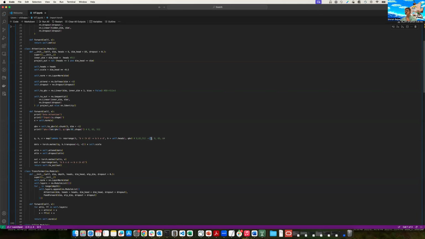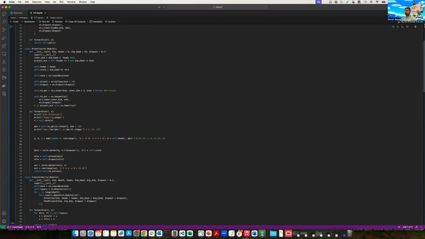So for each image we have 8 attention heads, and each attention head has a 64 dimension representation for each patch. After this, across each attention head we can have different attention scores. So let's print it.